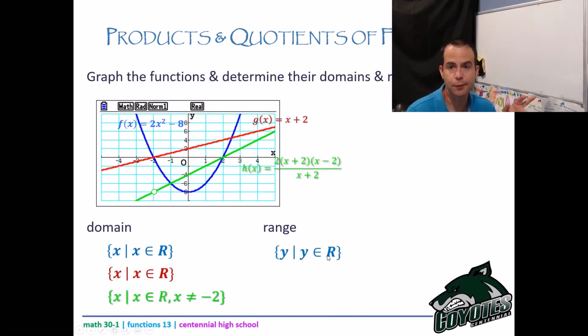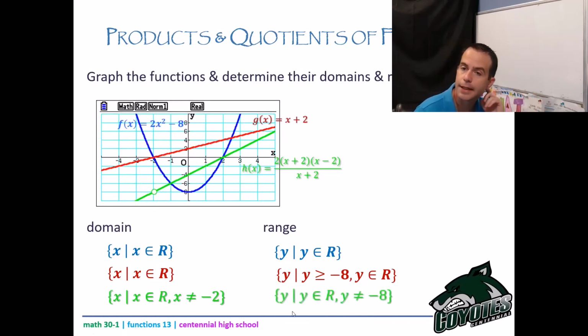This guy is for the g of x, so he should be red. The f of x will be greater than -8, so that should actually be blue if I wanted to color code this properly. And then for the green graph, it's real, but it can't be that y value at the point of discontinuity, which was -8. Okay, so y is a member of the reals, but it can't be -8.